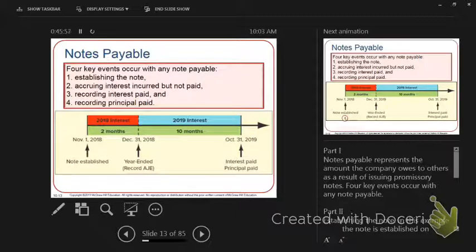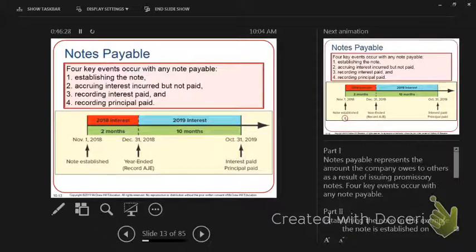The example here is the same example we did for notes receivable, except it's notes payable. If we borrow $100,000 on November 1st, what's the journal entry going to look like? Cash, not payable. We're going to have $100,000 of cash and a credit to notes payable.